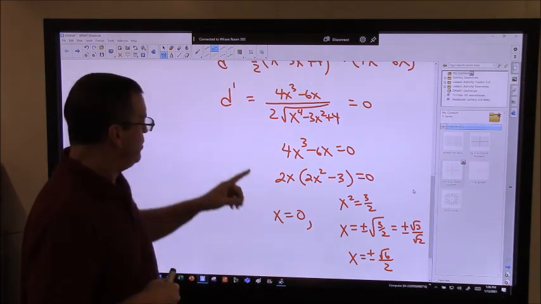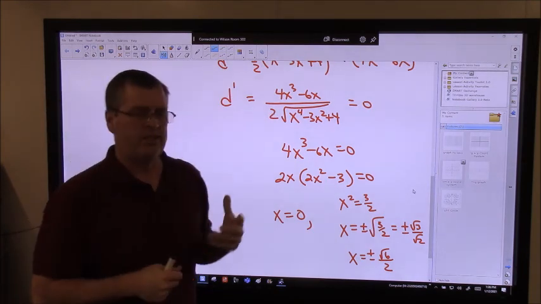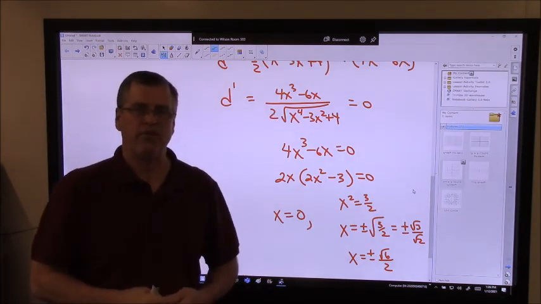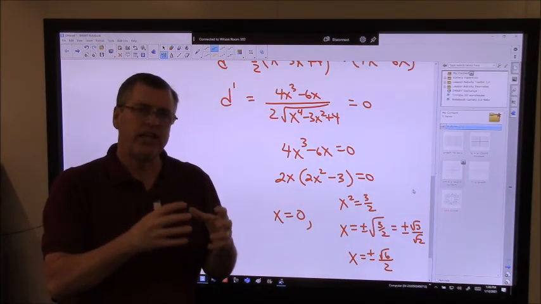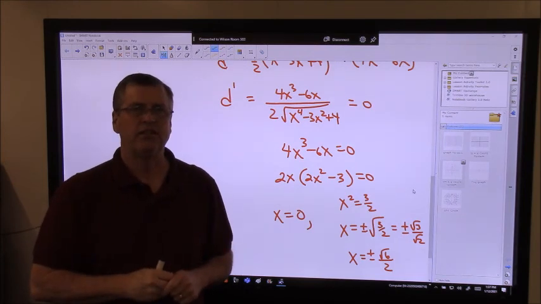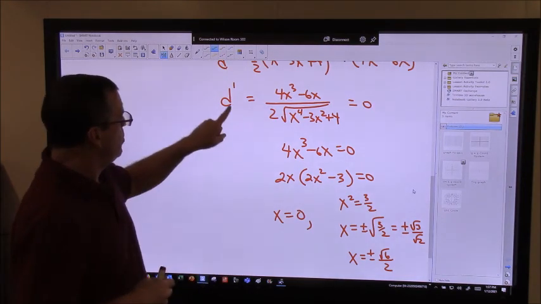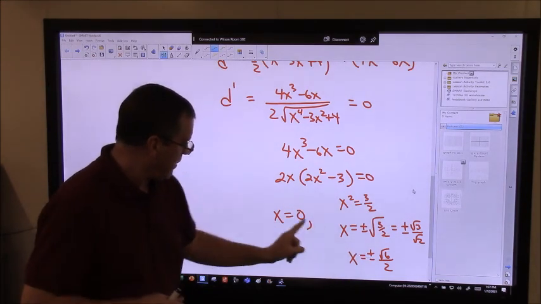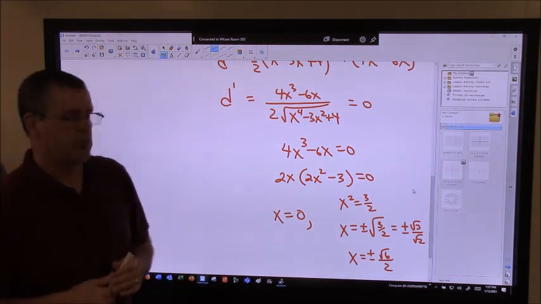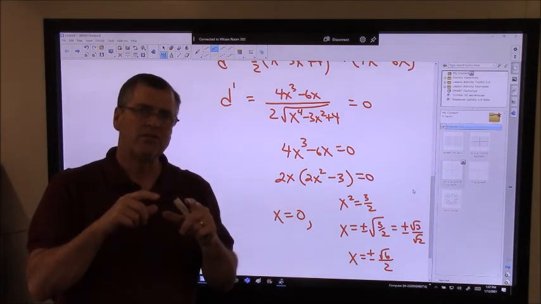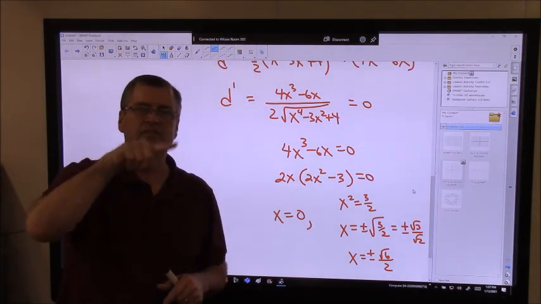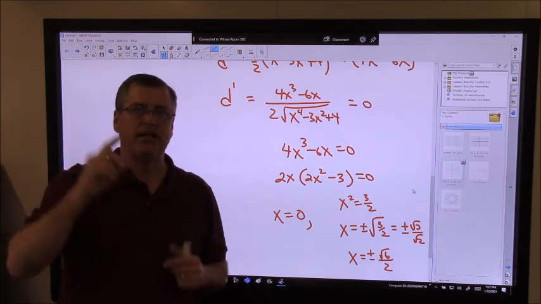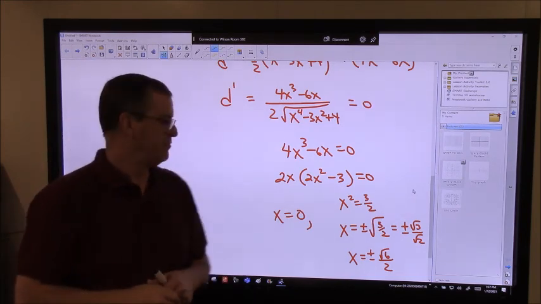When these equations get messy, our goal is not to make this the messiest problem we've ever seen. Our goal is to understand the calculus end of it. All we want to do is get the second derivative and check the 3 numbers here to test. I'm trying to minimize the distance, which concave up is where a minimum occurs, and I just want to be able to check that.